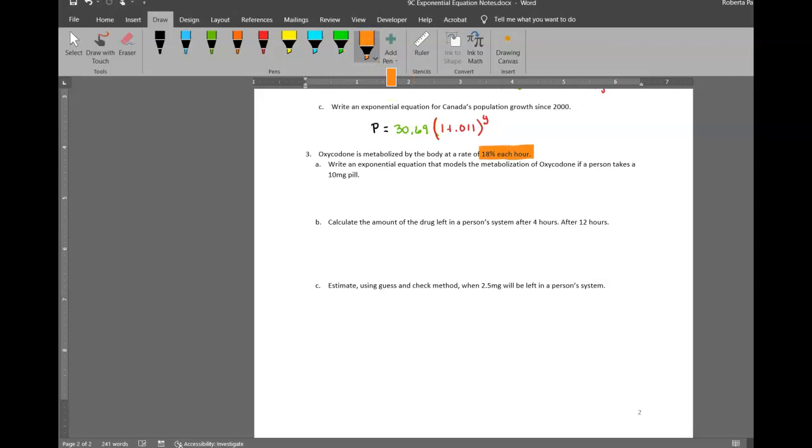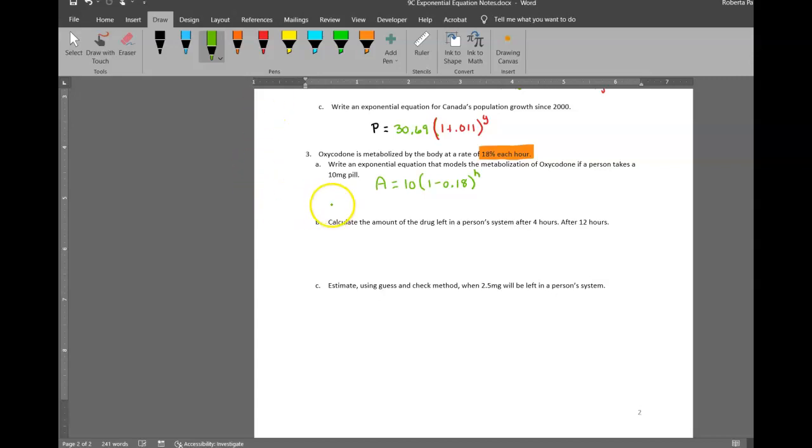Write an exponential equation that models the metabolism. So it's the amount in our system. A equals, the initial amount is 10, and then we have 1 minus 0.18, which is 18%. We're doing this every hour. So here's our exponential equation.